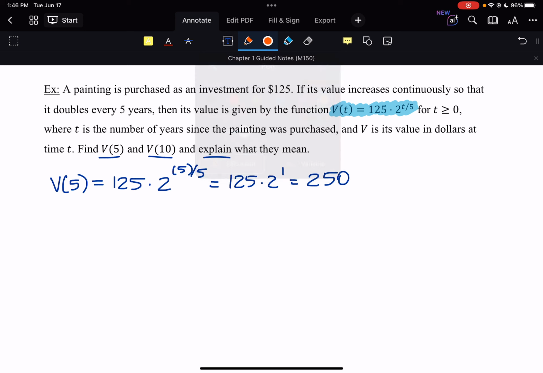So let's think again about what these mean. Our input here is a t value, it's a time, and t is number of years. And our output, v, which is going to be 250, v represents the value in dollars.